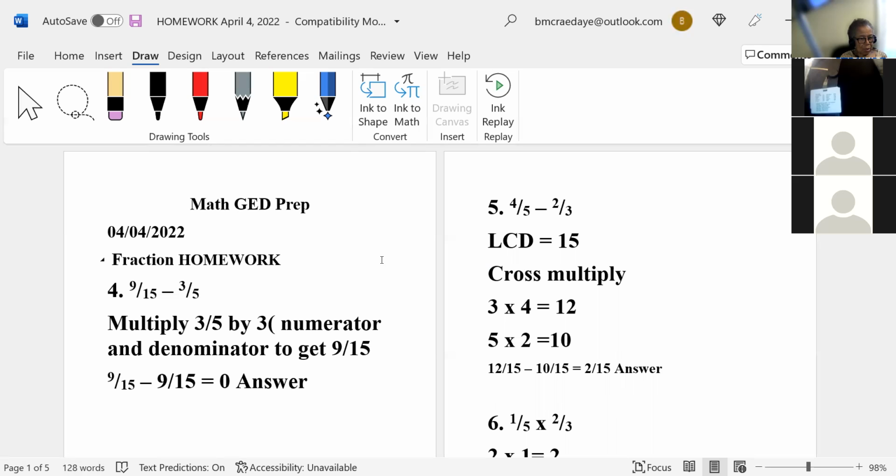So you have to change 3/5. You have to have the same denominator for you to subtract. So you're going to find the LCD of 3/5, which is 15. You multiply 3 by 3, which is 9, and 3 by 5, which is 15.